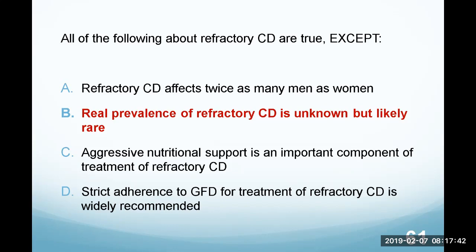Refractory celiac disease happens in around 10 to 15, 18% of these celiacs who respond to gluten-free diet really well for the first several years, and then they stop responding and start having these same exact symptoms as they presented with, or sometimes even worse.